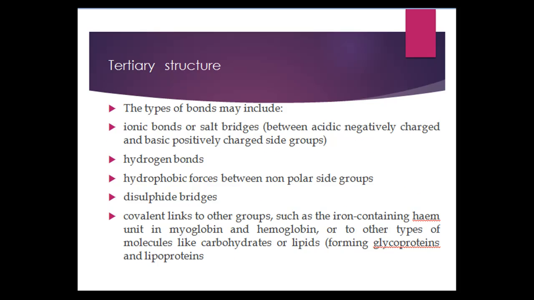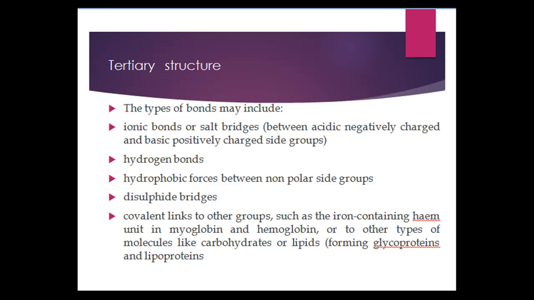The types of bonds which are included in the tertiary structures are ionic bonds or salt bridges that occur between acidic negatively charged and basic positively charged side groups.